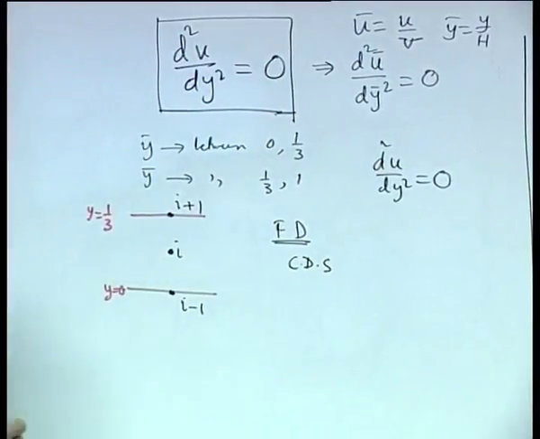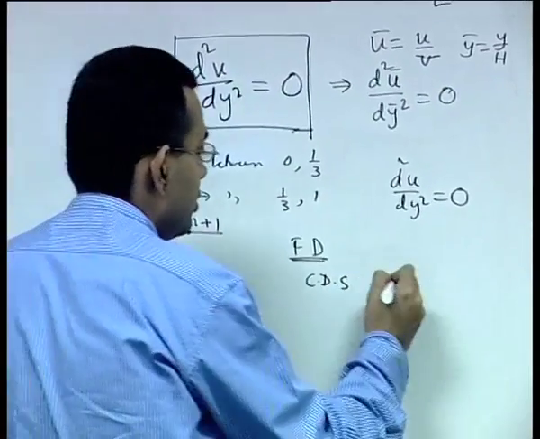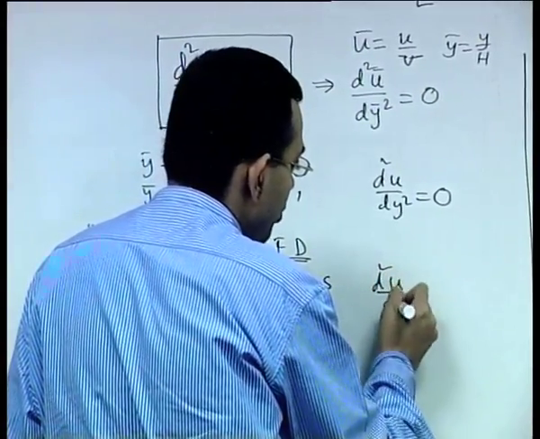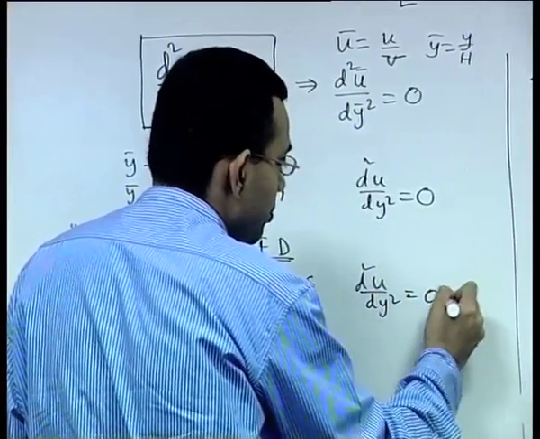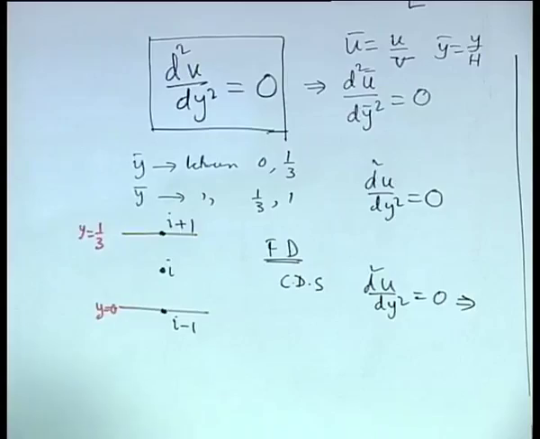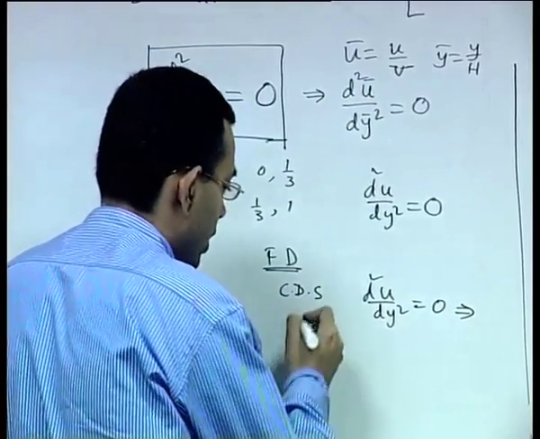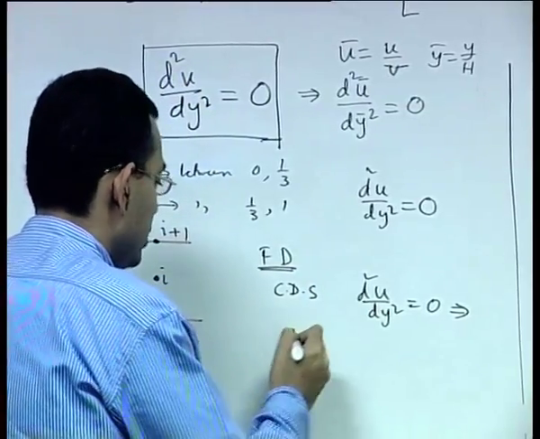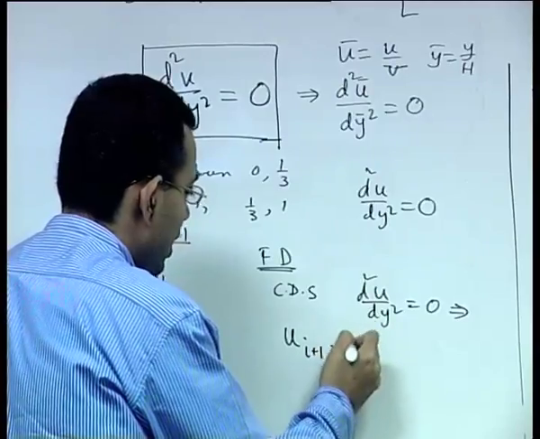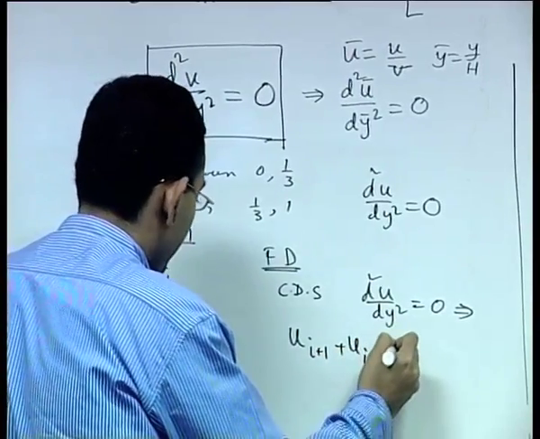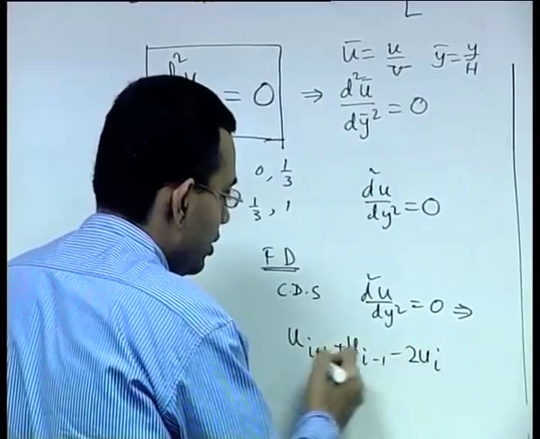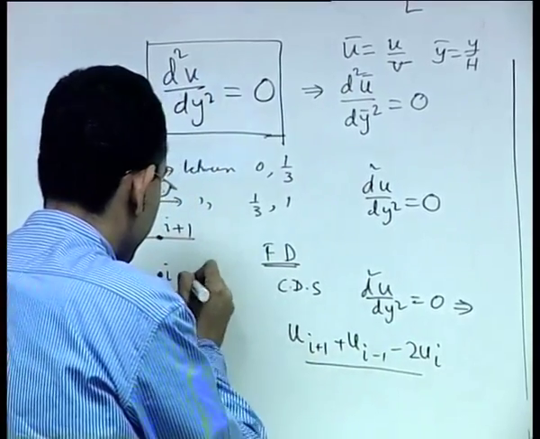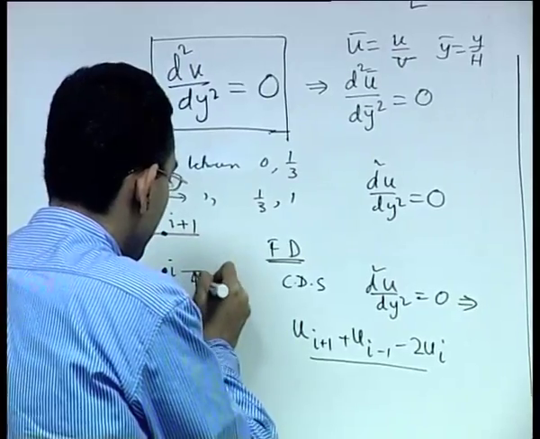If you use a central difference scheme, then d2u dy2 equal to 0, this will imply what? u I plus 1 plus u I minus 1 minus 2 u I by delta y squared.